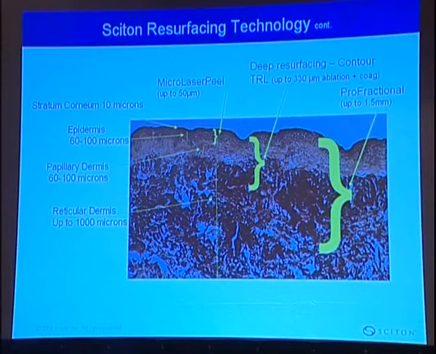So with this device, you can achieve a microlaser peel where you can ablate up to 50 microns. You can achieve the tunable resurfacing laser where you can combine ablation and coagulation up to a depth of 330 microns. Or you can get ProFraction starting from 25 microns up to 1.5 millimeters.